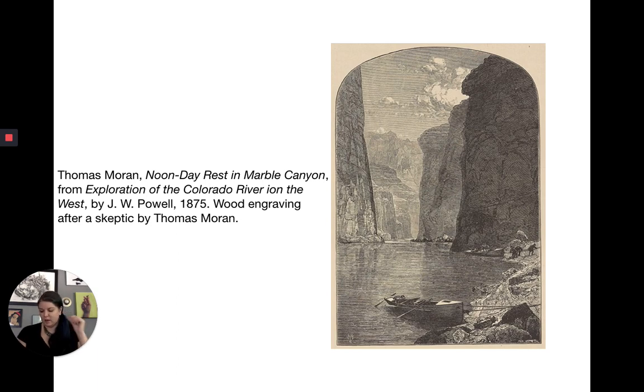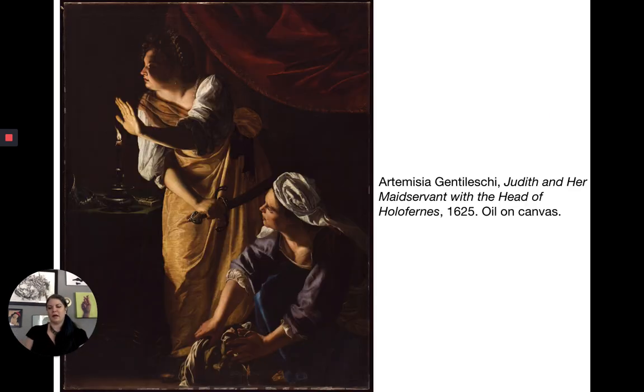Okay? Another technique that utilizes value in its execution is called chiaroscuro, which in Italian just means light dark, literally. When we were talking about line, we looked at a painting by Caravaggio.